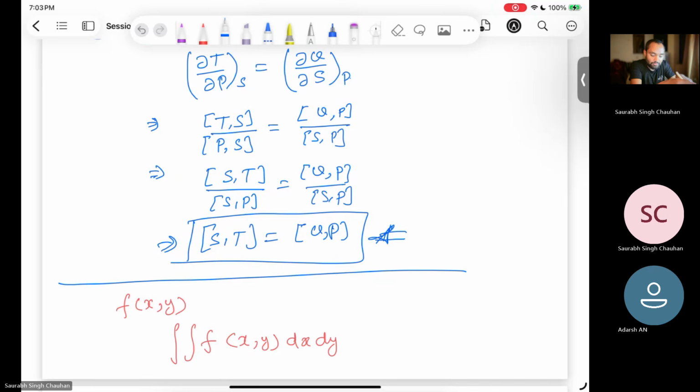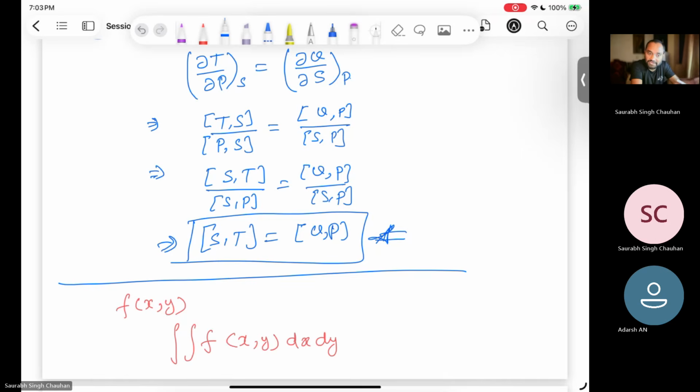But if you want to do some coordinate transformation, I mean, if you want to go from one particular set of properties to another set of properties, then you are doing a sort of coordinate transformation in the thermodynamic sense. Changing the property is basically changing the coordinate system.